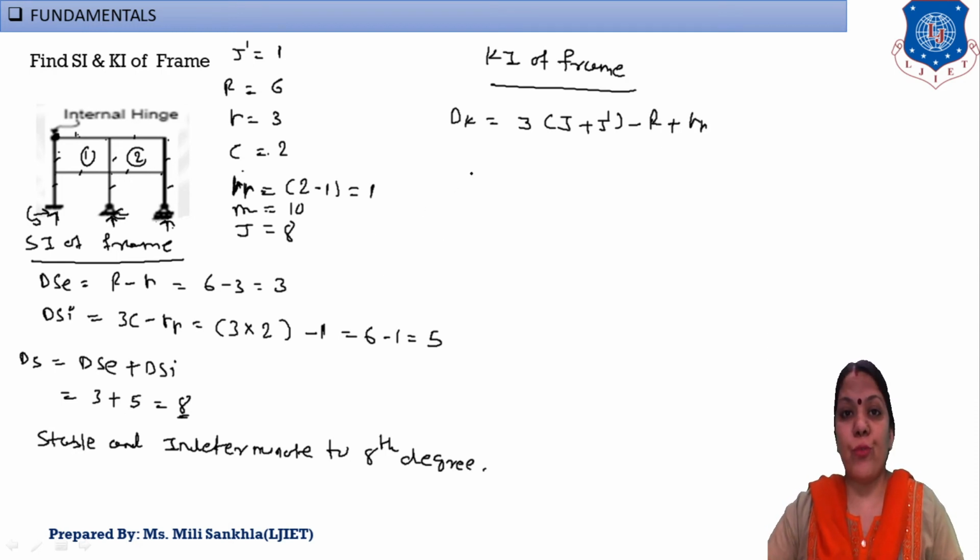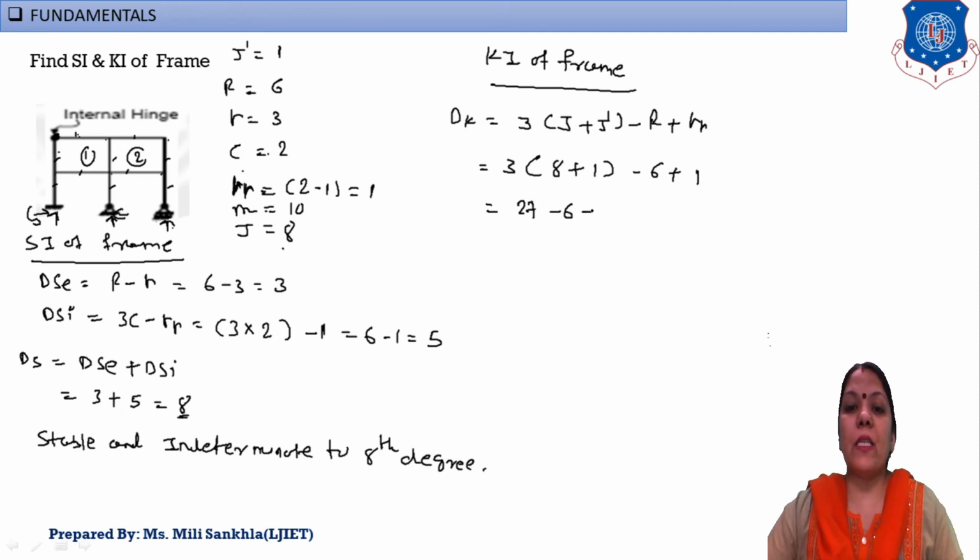Now one by one put the values here. 3, j we find is equal to 8, plus j dash we find 1, minus r we find 6 and rr is equal to 1. Now 8 plus 1 is equal to 9. 9 3s are 27 minus 6 plus 1. Now 27 plus 1 is equal to 28 minus 6 is equal to 22.